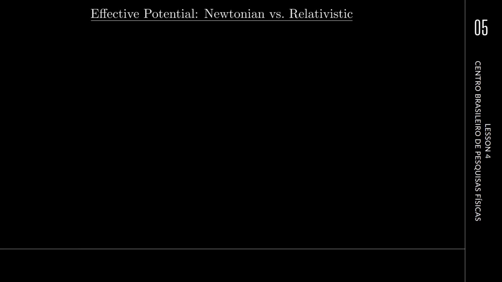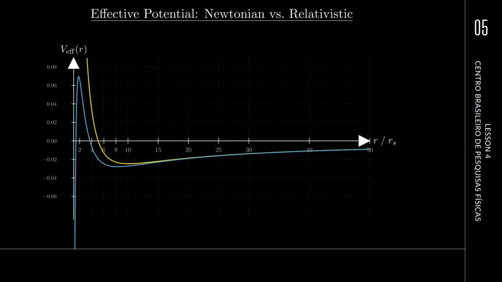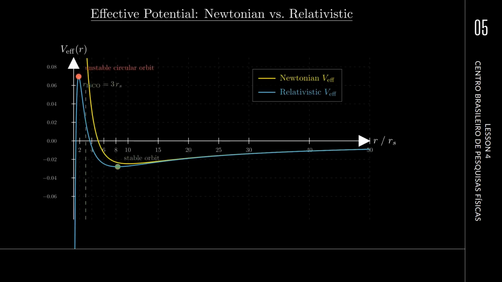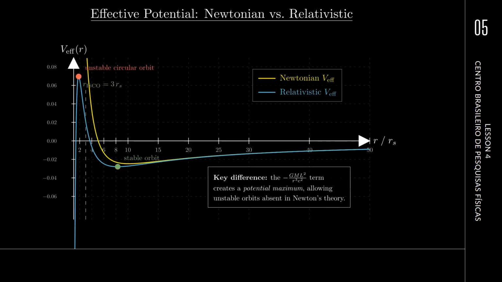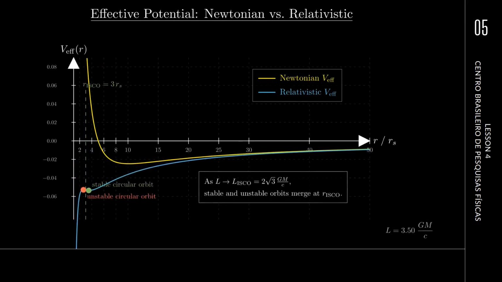Let me show again. So we have the Newtonian effective potential, and now we have the relativistic effective potential. These 2 points here are the circular orbits. Okay, if we decrease the angular momentum of this test particle, these 2 points will tend to the same point, which is equivalent to saying that the term inside that square root is going to 0.